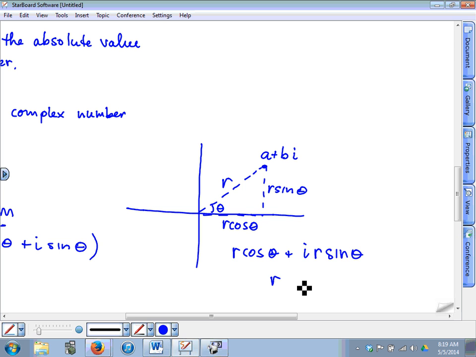And if you factor out an r from both of those, you get r times parenthesis cosine theta plus i sine theta. That's where that comes from, in case we were wondering.